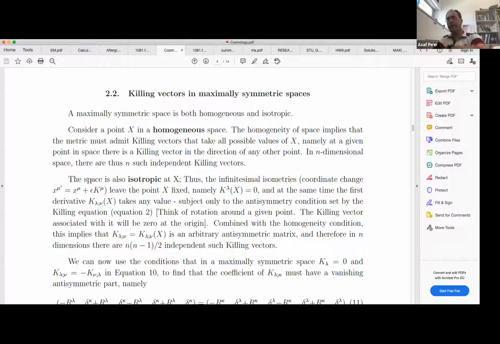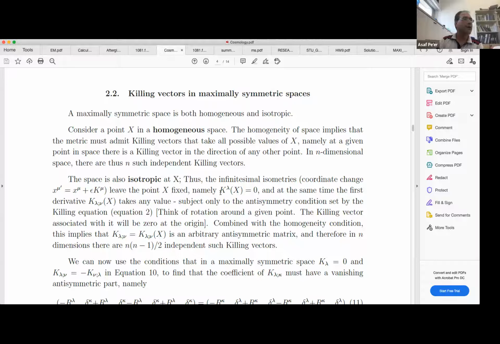The correct way of thinking of that, you had at home to write down all the Killing vectors of Euclidean space. So think of rotation. The rotation around the x-axis would be minus y and plus z, but leaves the x at 0.